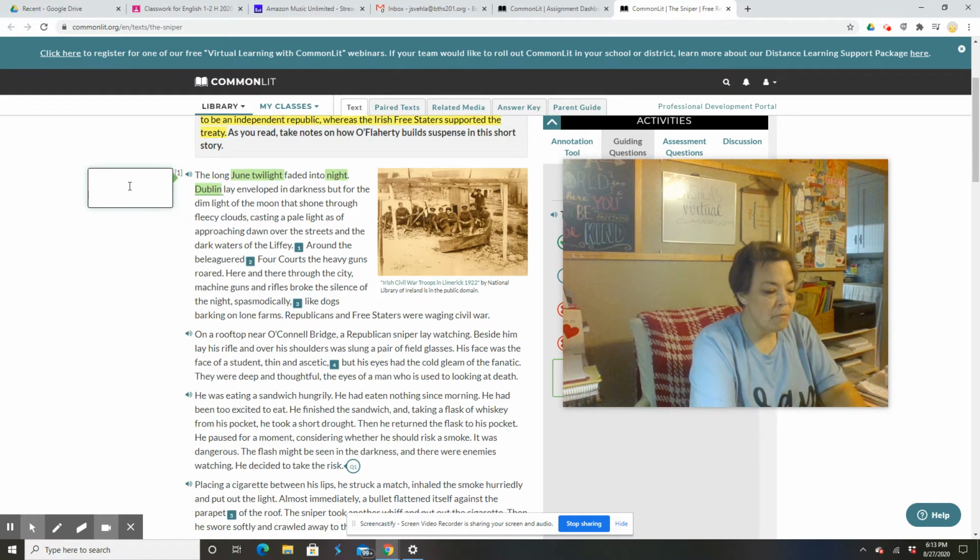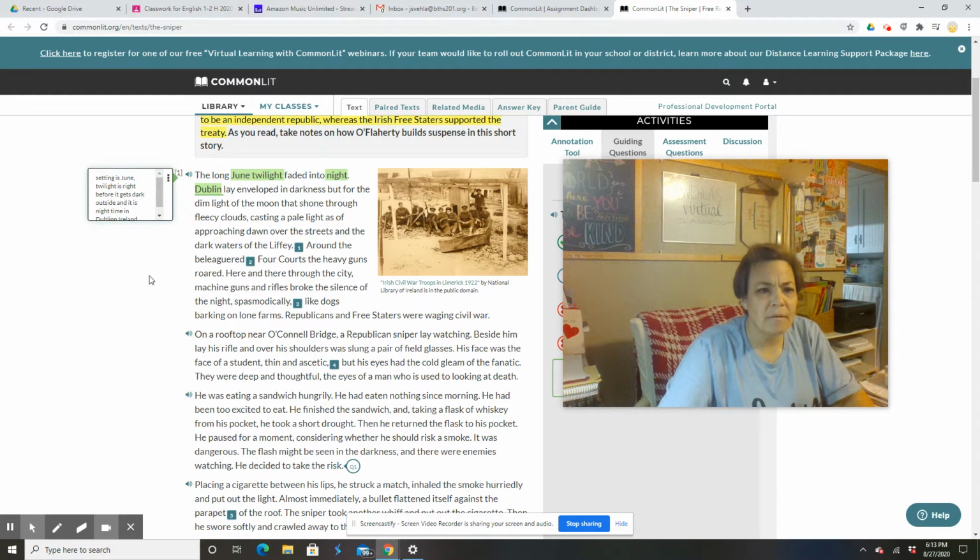So we can say, setting is June, twilight is right before it gets dark outside, and it is nighttime in Dublin. And we know that Dublin is in Ireland. So there we go. Fun.